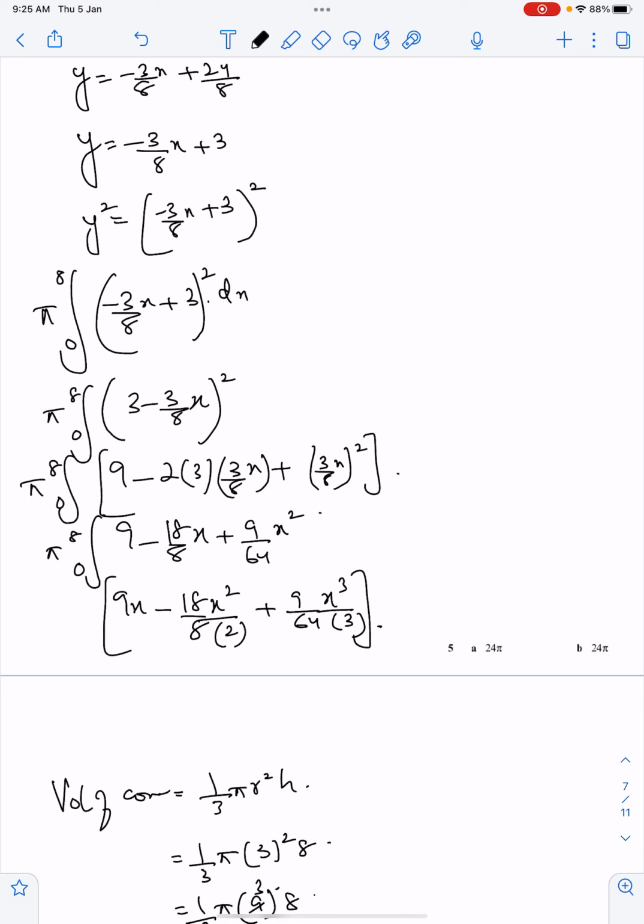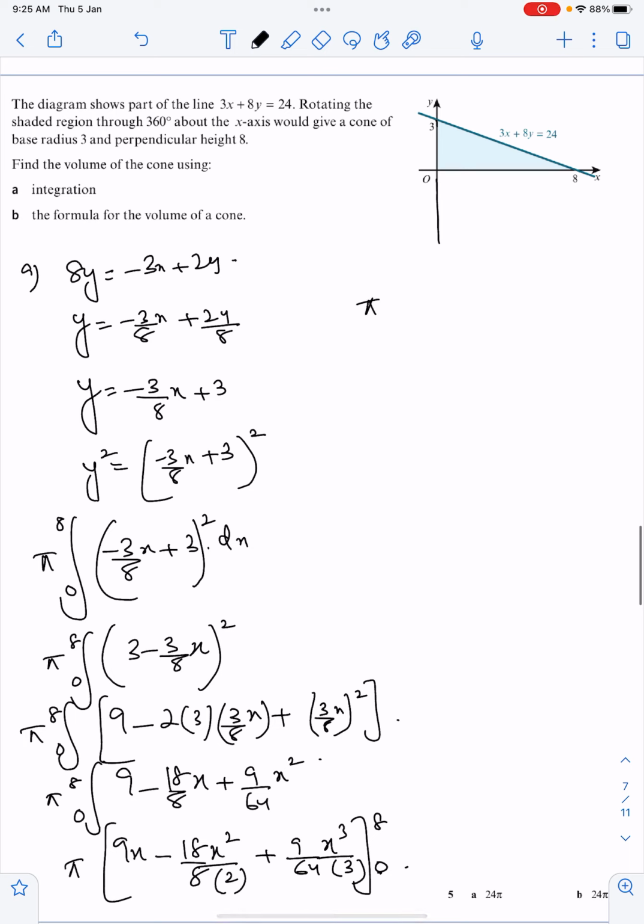I am going to apply the boundaries of 8 and 0 on this, with pi here. This will become pi, 9x minus 9 upon 8 x squared plus 3 upon 64 x cubed, applying the boundaries of 8 and 0 on this.